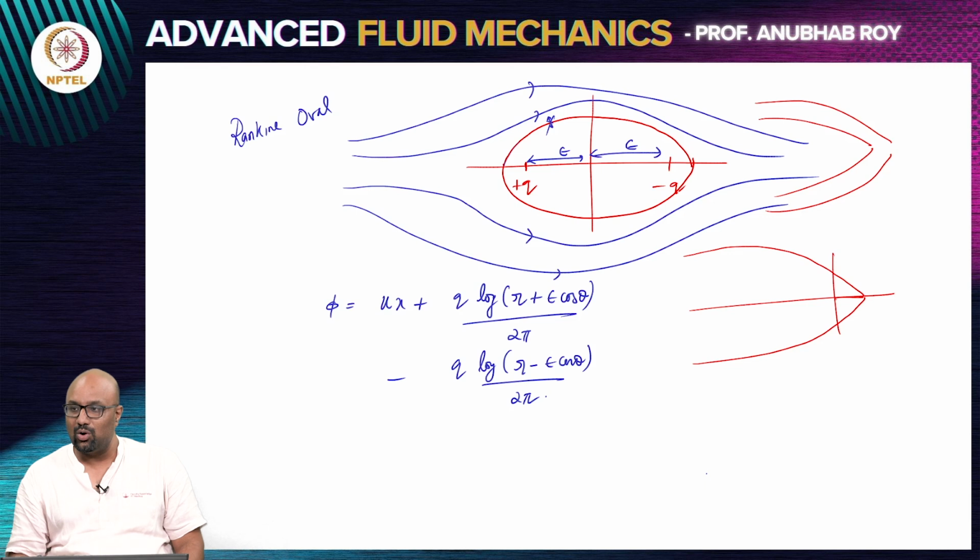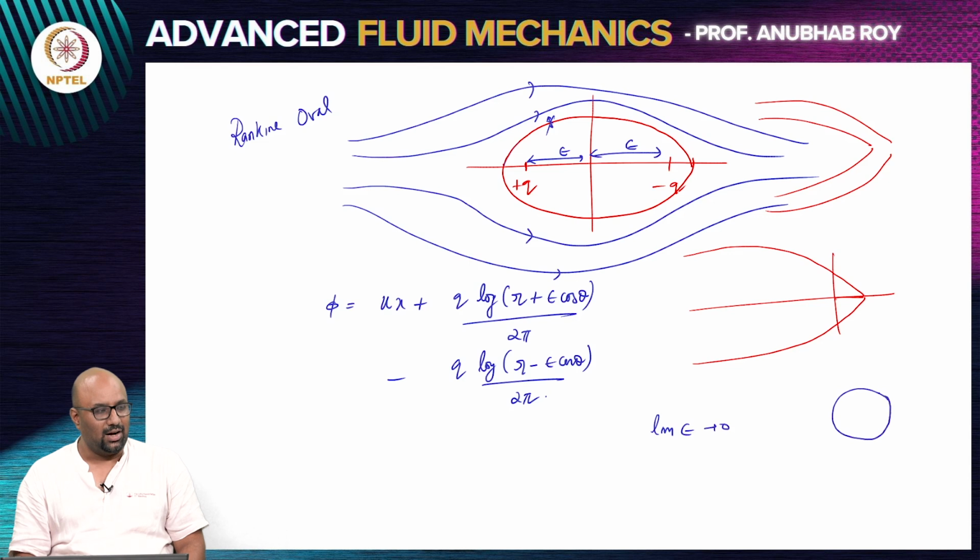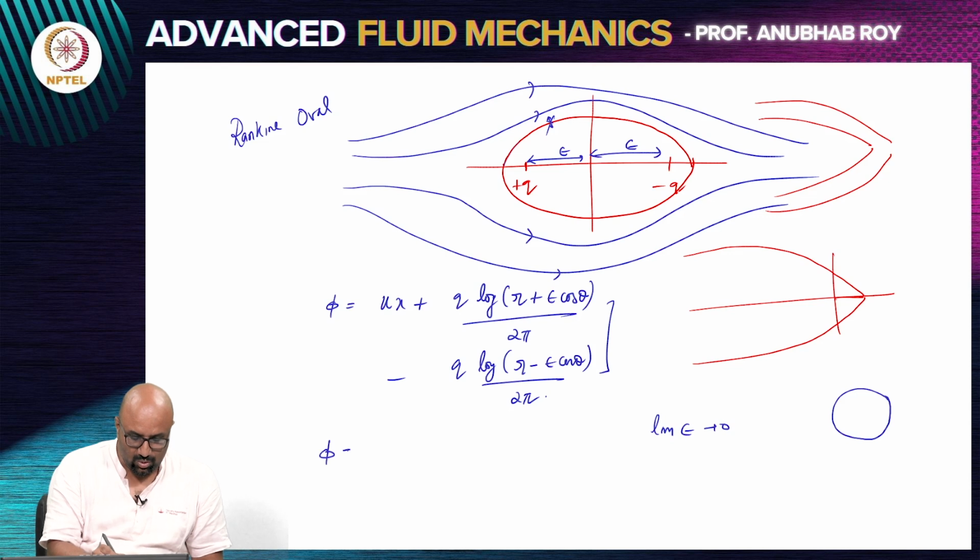What we are instead going to do is consider the scenario where, instead of an oval, we take the limit of epsilon going to 0, which means this oval is going to become a circle. And you have already seen what happens to the source and sink pair if I take the distance between them vanishing. So, that is what we will do next.